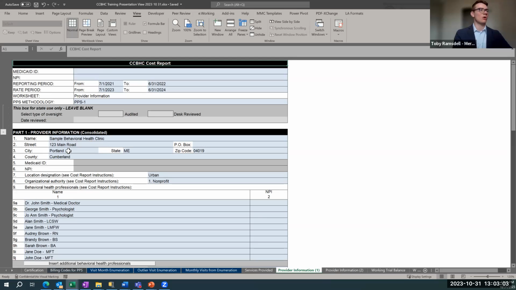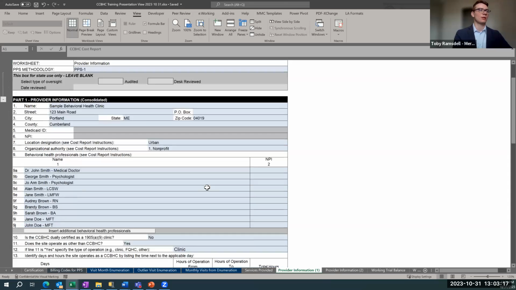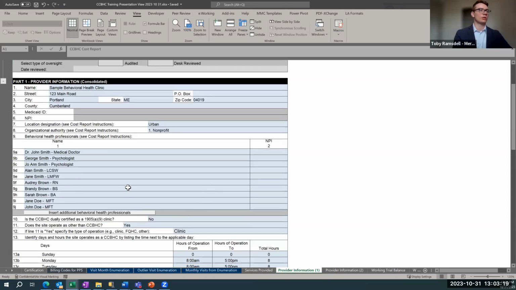Street name, the name of the clinic, city, state, zip code, county, basic information like that, as well as the organizational authorities such as nonprofit, and the location designation. You should also insert lines for behavioral health professionals, which should roughly align with the services provided schedule. So we should be able to trace through that information in that way.